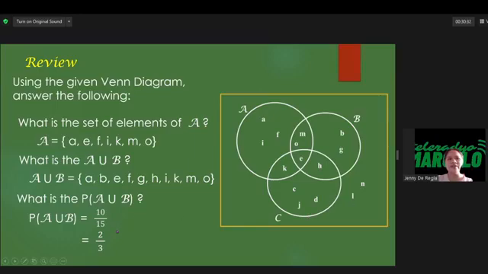So 10 over 15 or 2/3. Kayla Balatbat, Nico Rice, and Yuchonko got the correct answer. And Yvonne Yamani, Lexin, Kiel Apostol. Okay, thank you for your answers.